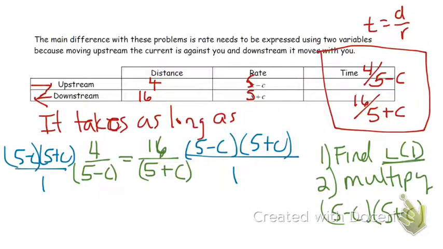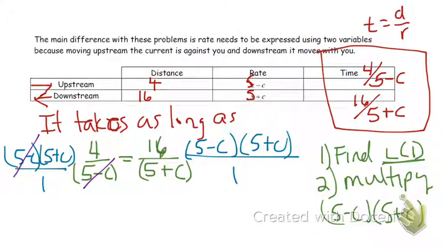Let's go back to the left-hand side. What's going to cancel? 5 minus C. The 5 minus C. Okay. So that's going to leave you with 4 times 5 plus C. What's that going to give you?